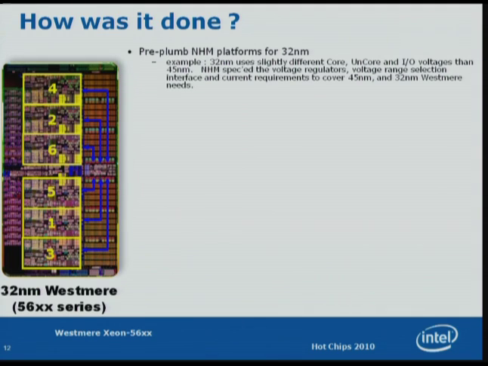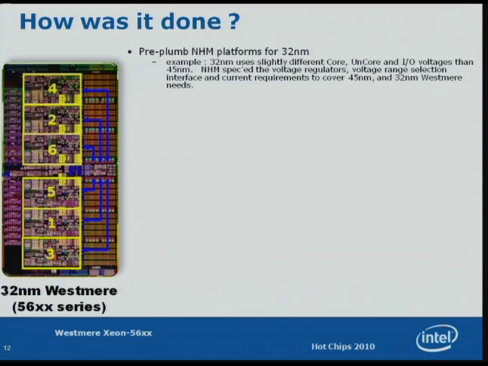Okay, so how was it done? The key point here, most of what enabled what we did in Westmere was actually done in Nehalem. So the architecture for this machine, we were thinking ahead when we did the Nehalem product to put in the support capabilities in the platform. The VRs were spec'd to handle the voltage ranges that we expected and the ability to move the voltage ranges around.